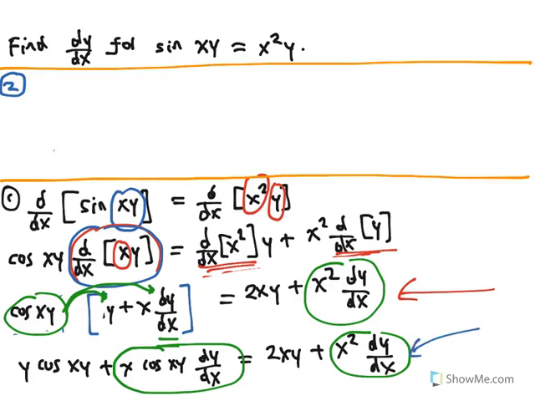So I can just move this term to the left side of the equation by subtracting it from both sides of the equation, and I can move this term to the right side of the equation by subtracting it from both sides of the equation.